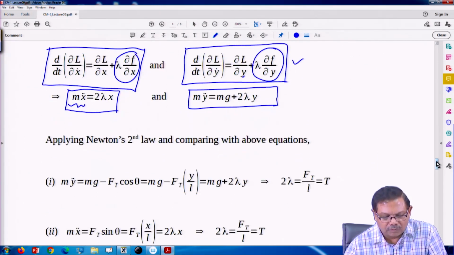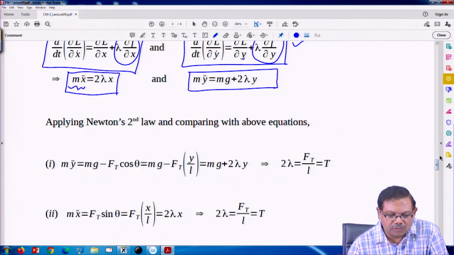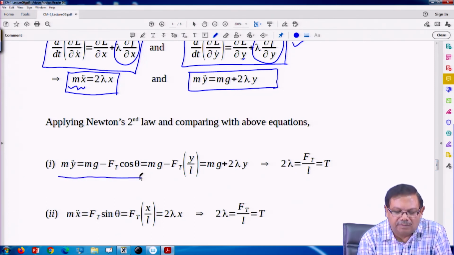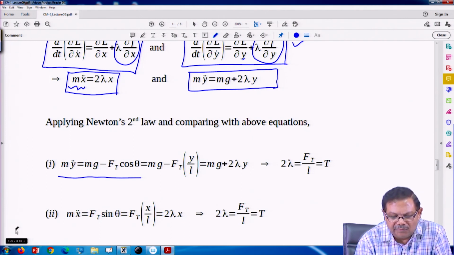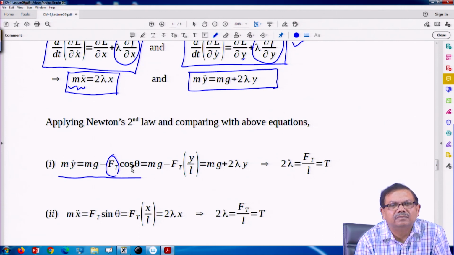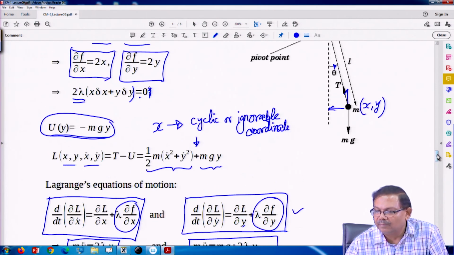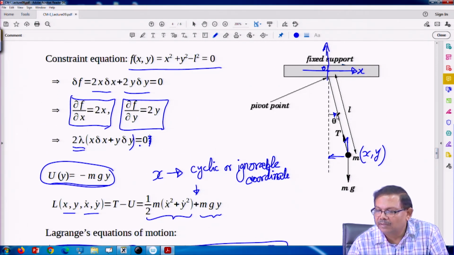From Newton's law, in the y direction we get m y double dot equals m g minus the force due to tension times cos theta. And what is cos theta? F_T is the same, and cos theta is y by L. This is my theta, this is x, this is y.